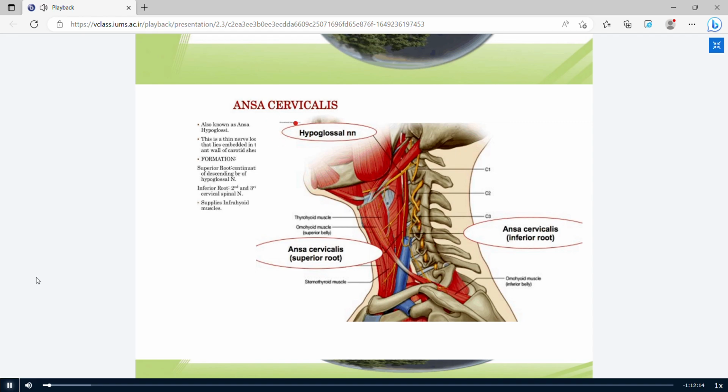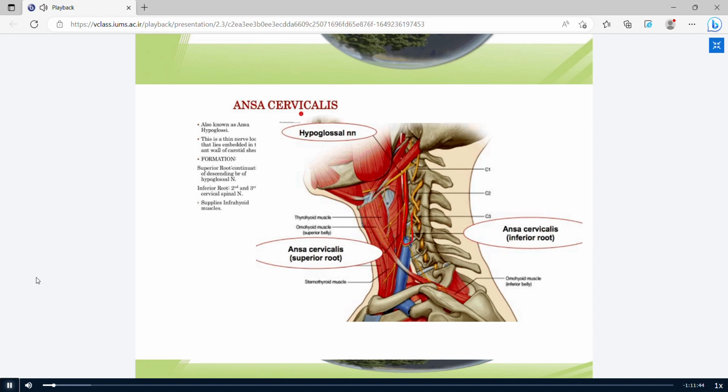One of the structures located in the anterior cervical triangle is the ansa cervicalis. This is the ansa cervicalis. As you see, it is formed by the first, second, and third cervical spinal nerves.